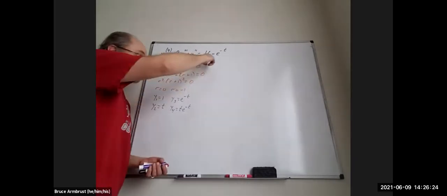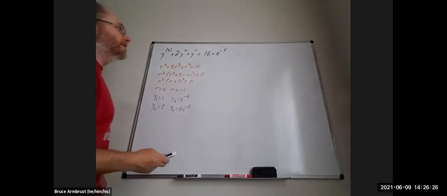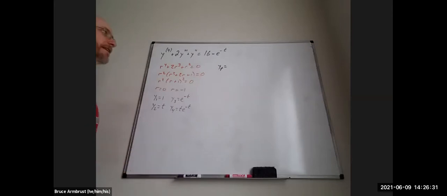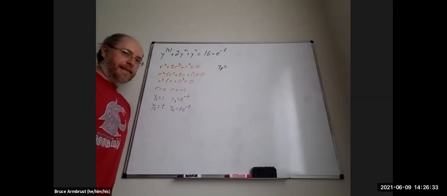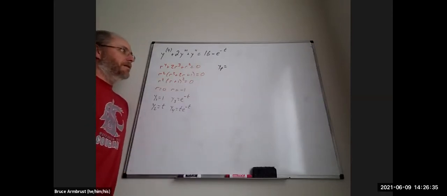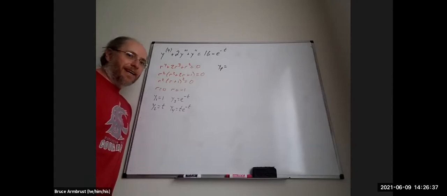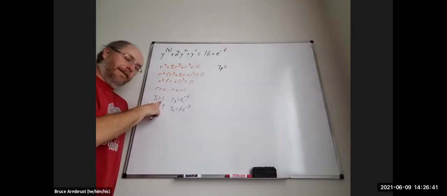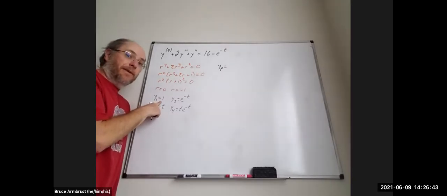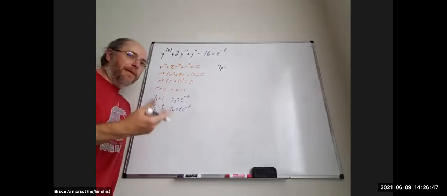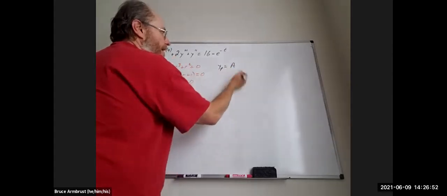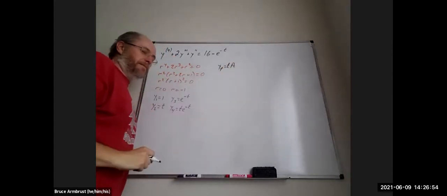Now we go to make our guess for our particular solution, and we see that we have a constant, the 16. That would suggest that we guess a constant. However, it can't be a constant because that's part of the fundamental set. So we need to multiply it by t. We thought constant, but nope, we need a t.